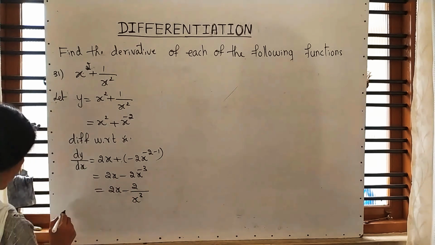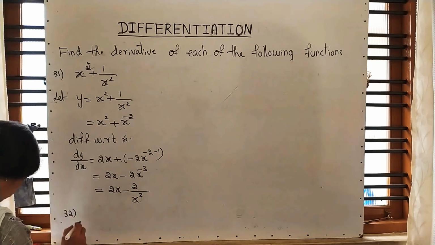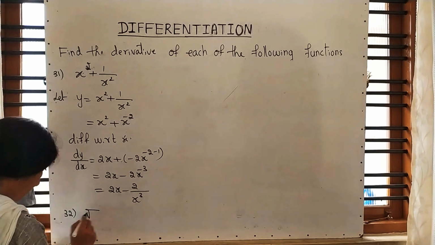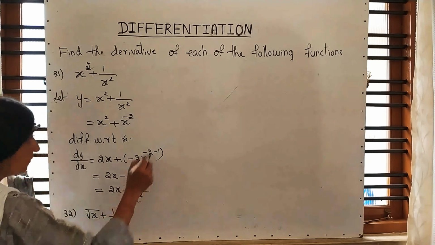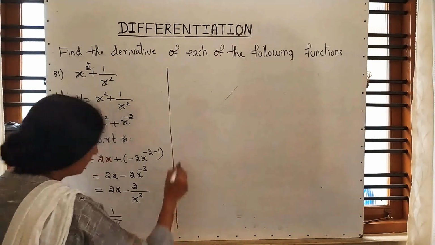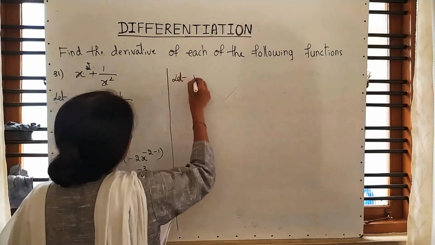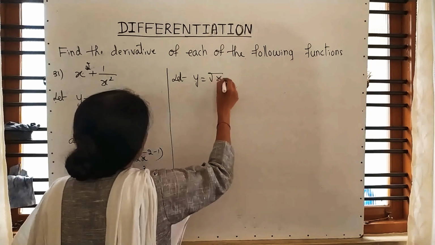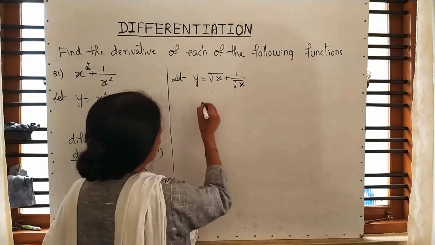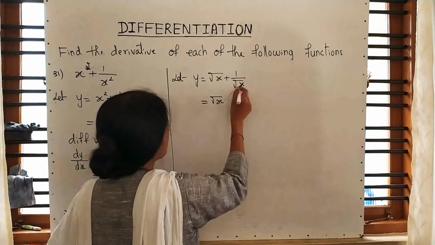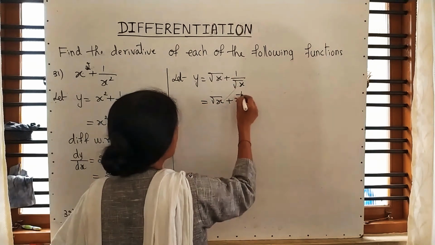Yes. Question number 32. Now, shall I write y is equal to directly? Let y is equal to, and we are familiar with the differentiation of root x. That's why I kept it as it is, and this I took in the numerator.